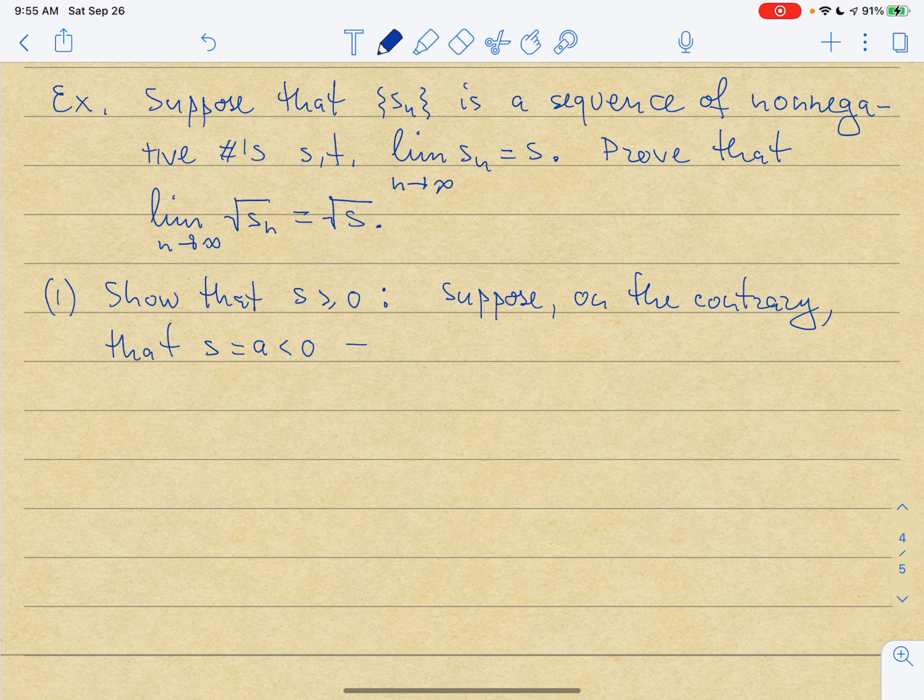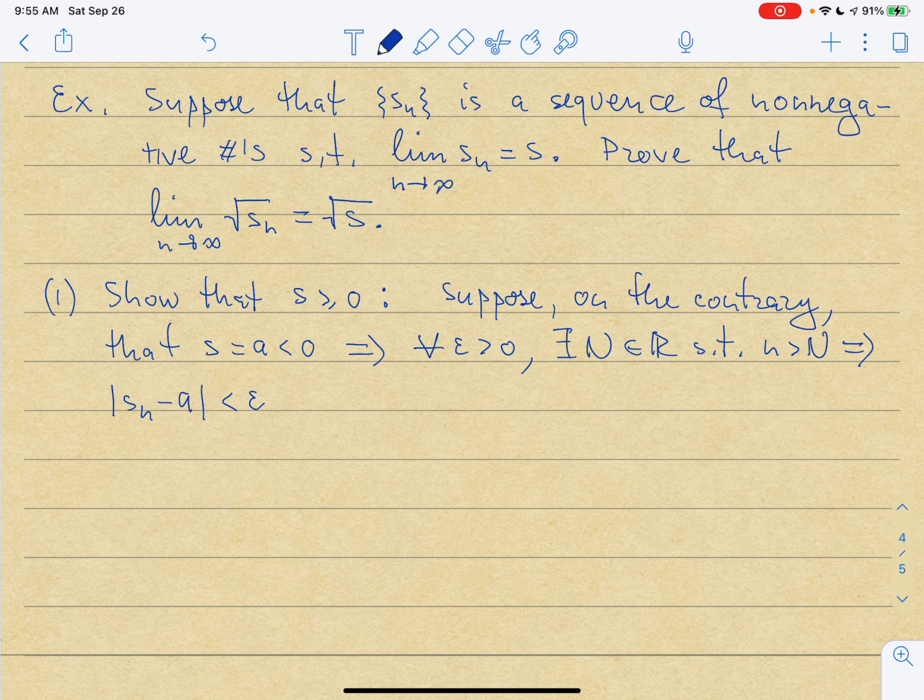All right, so then, by definition of a limit, for any epsilon greater than 0, there exists a capital N in R such that n bigger than capital N would imply that the absolute value of Sn minus A is less than epsilon.